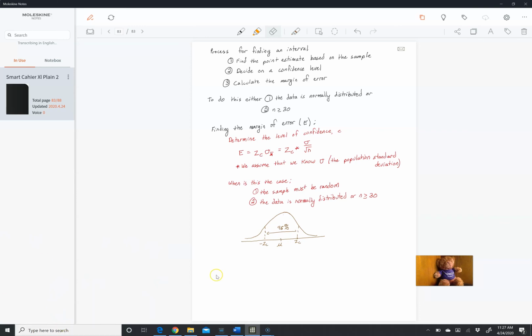So how do we find the Z sub C? Notice we want a positive value, because our margin of error, we want it to be positive.